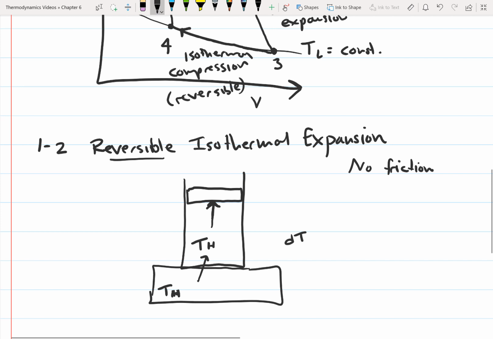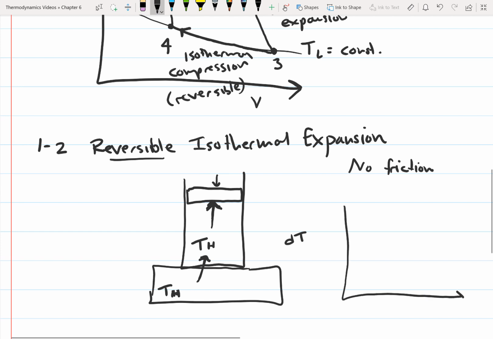So basically this gas is expanding so slowly that the temperature change in the gas is this infinitesimally small amount, and so when heat is transferred into the gas, it's basically a tiny amount. Basically what that means is we could reverse the process, so we could start compressing the gas and it would exactly follow the reverse process.